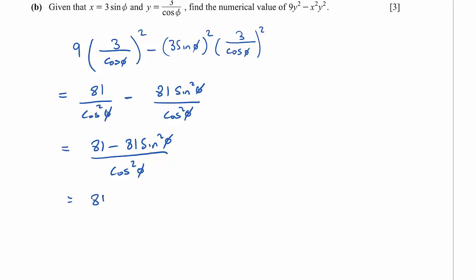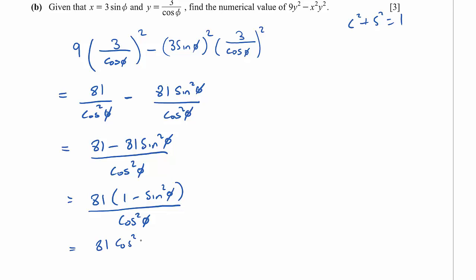And that's 81 into 1 minus sine squared phi over cos squared phi. And of course, we know that cos squared plus sine squared always gives us 1. So the 1 minus sine squared is going to be cos squared. So it's going to be 81 cos squared phi over cos squared phi. Cos squared phi cancels, and we get 81.